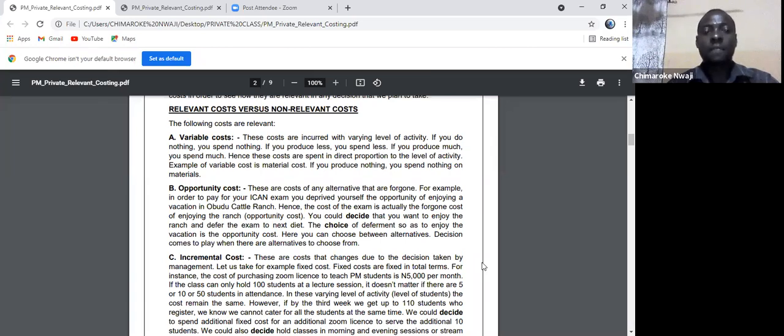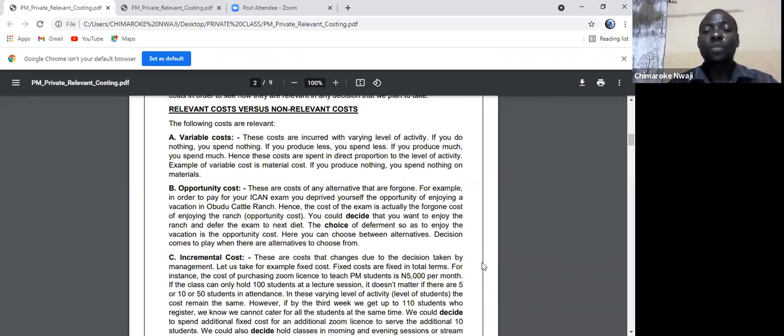A, variable costs. Variable costs are those costs that are incurred with varying level of activity. So if you do nothing, you produce nothing, you spend nothing, your variable cost is zero. If you produce less, then you spend less.